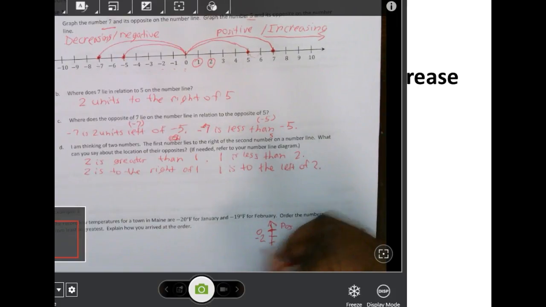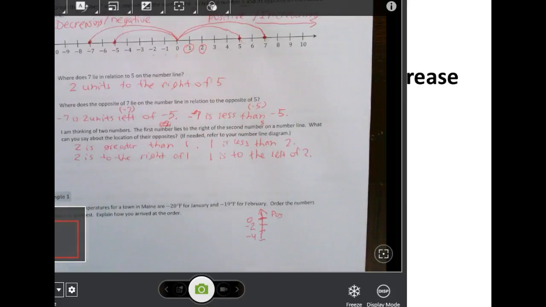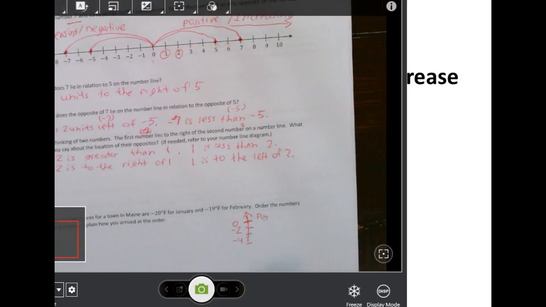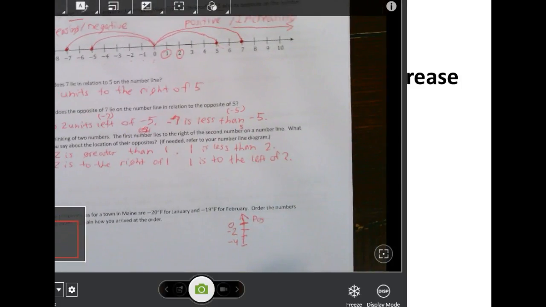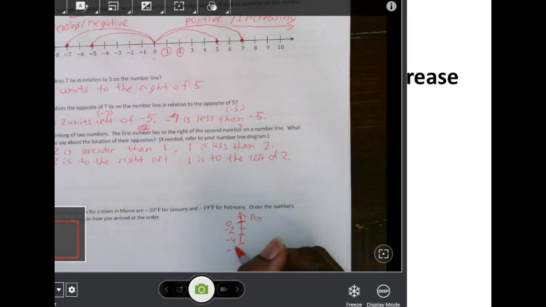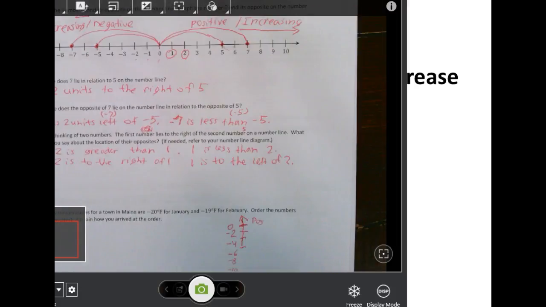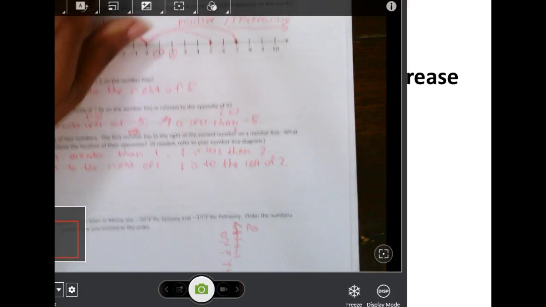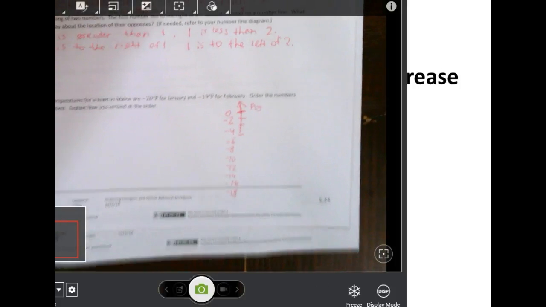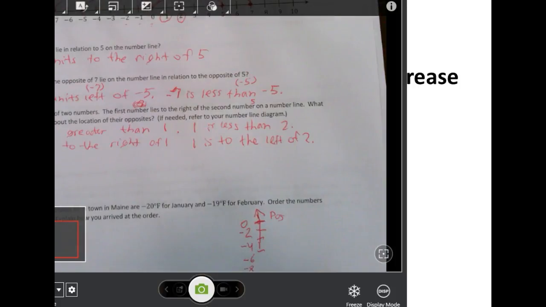We're going to count by 2's. Negative 6, negative 8, negative 10, negative 12, negative 14, negative 16, negative 18, negative 20. So that means that negative 19 will be in here.